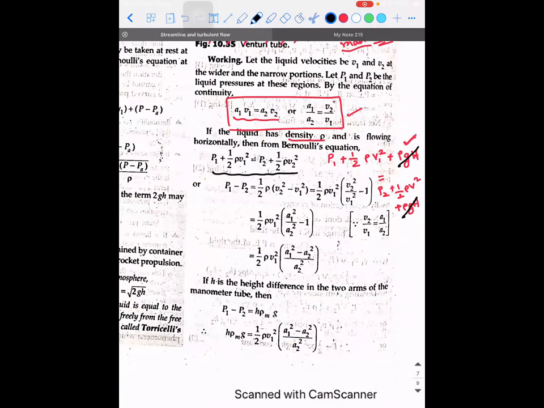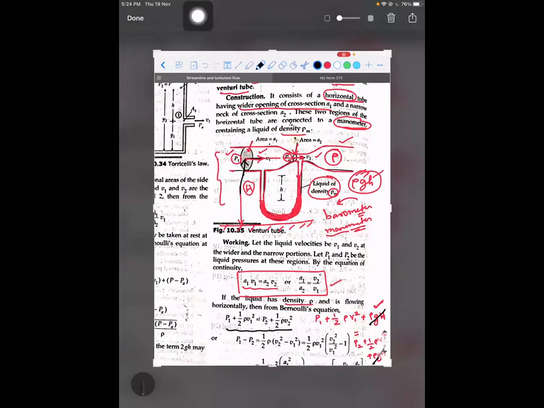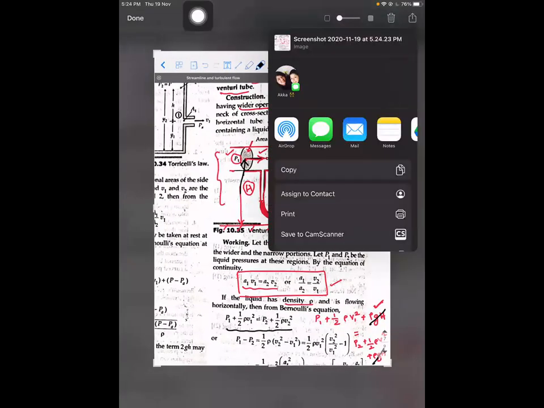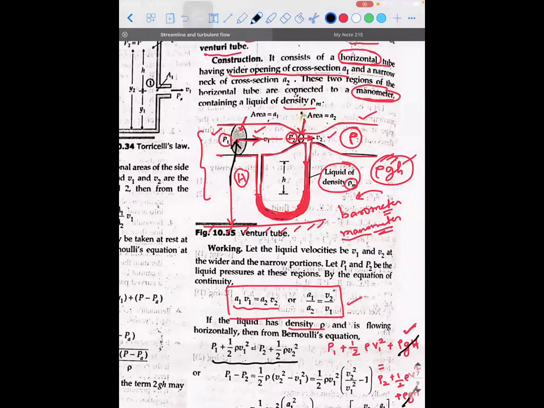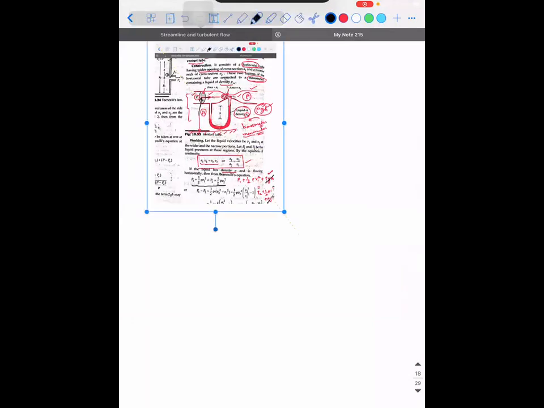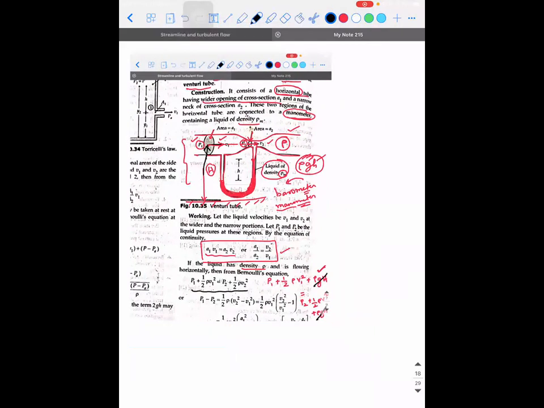I will write it on a separate page. Next, what else is the other equation that we can write?